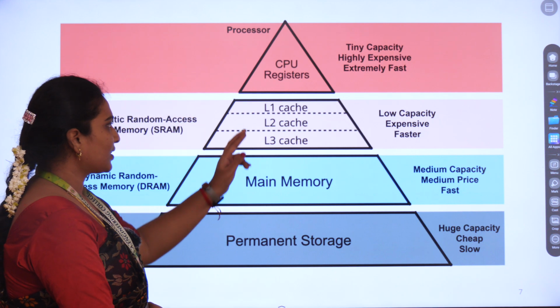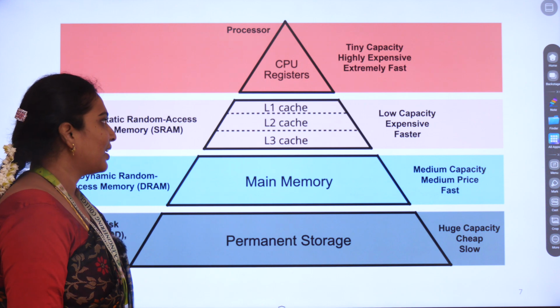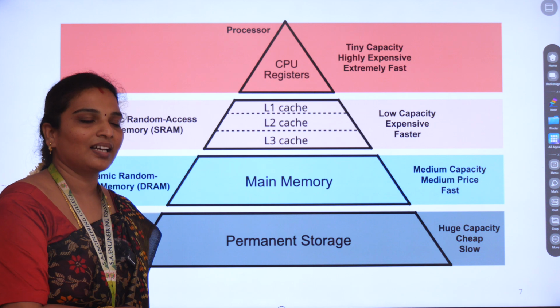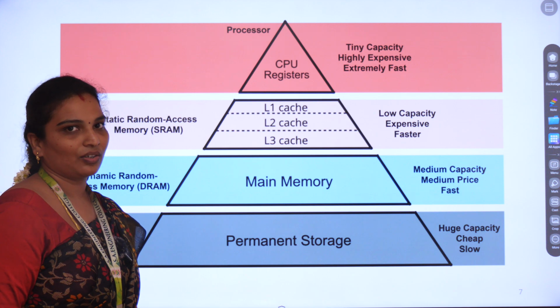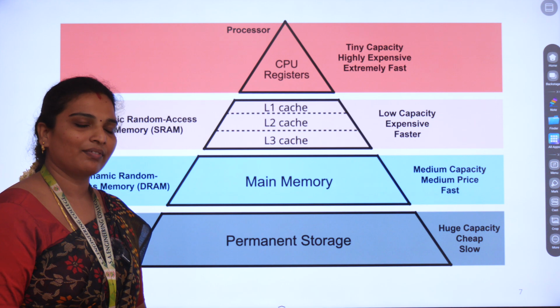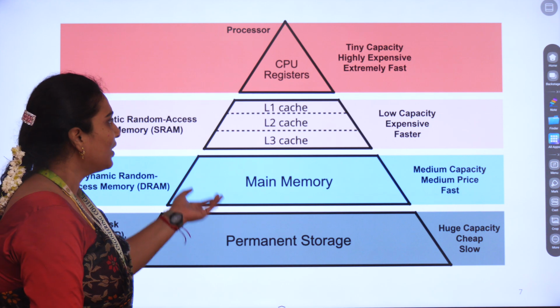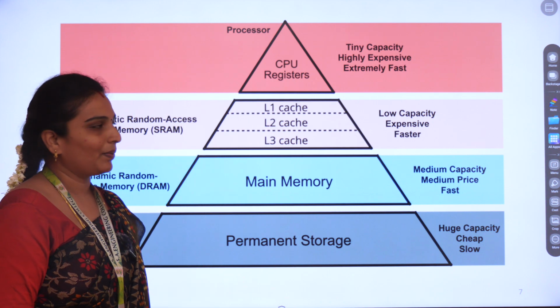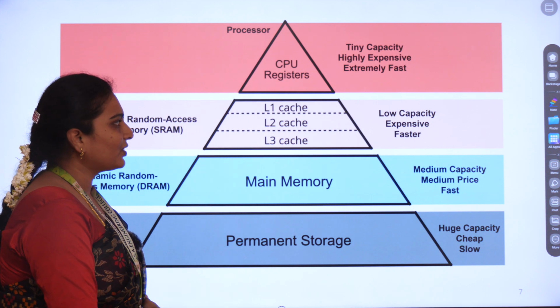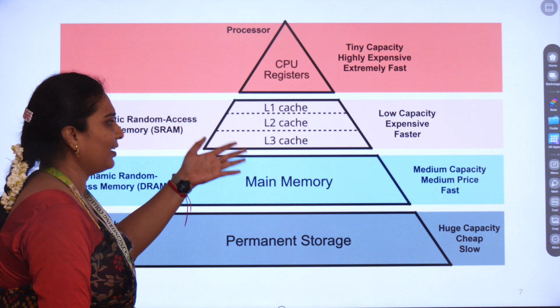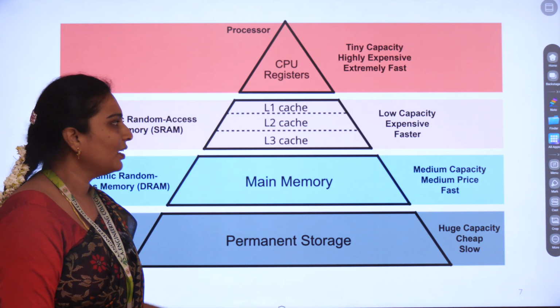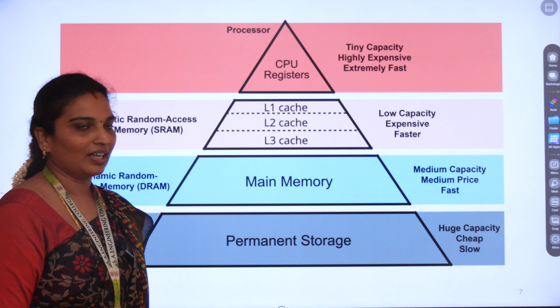Okay, now let's come to cache memory. The data we have accessed recently, the files or websites we have accessed recently, will be available in this cache memory. The size of the cache is somewhat smaller compared to other levels of memory, but the speed is extremely fast.